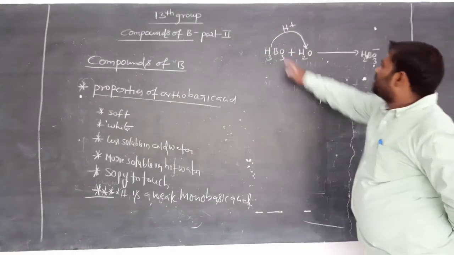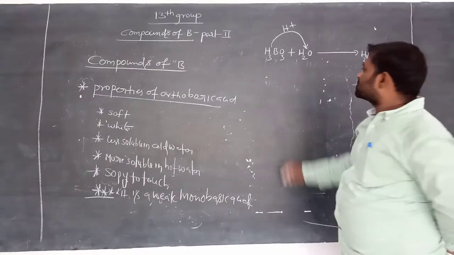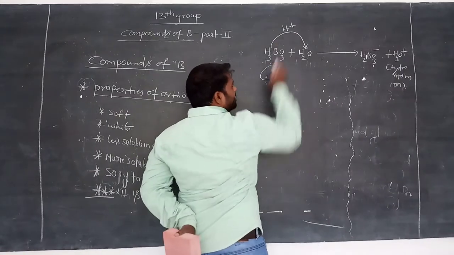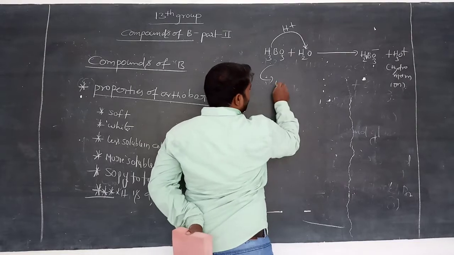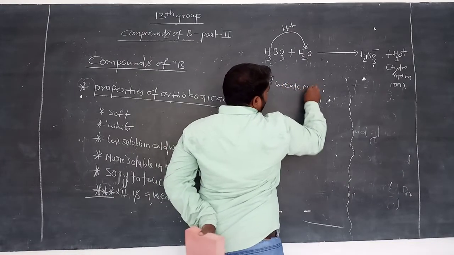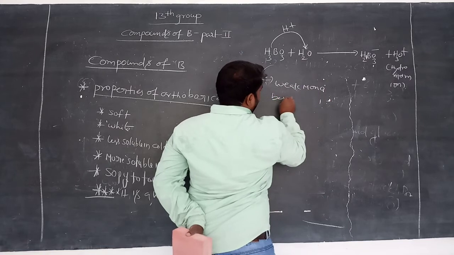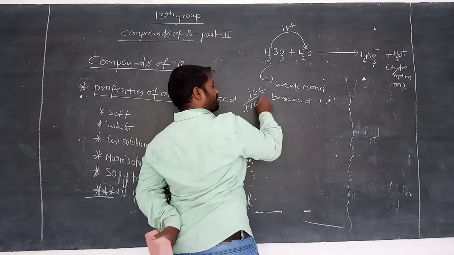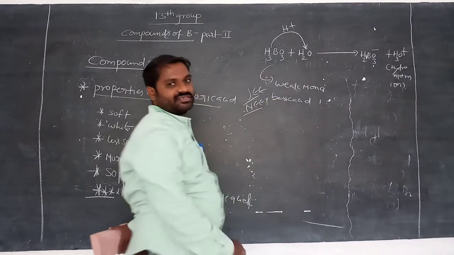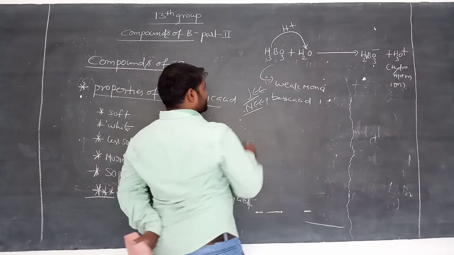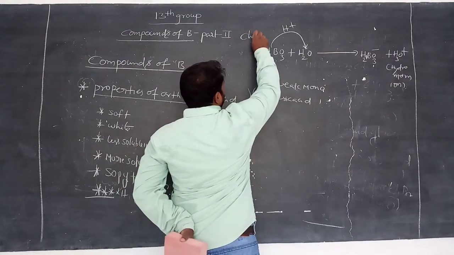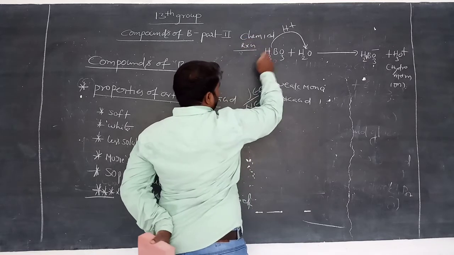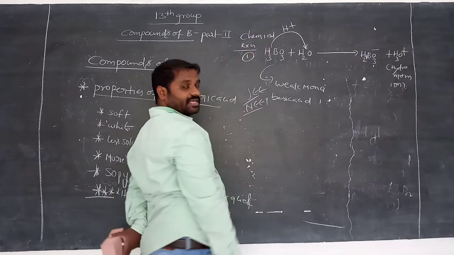So here it loses 1 H plus in water. It is an acid which gives 1 H plus, so it is called a weak monobasic acid. Very important. Direct bit in JEE and NEET. Keep that in your mind. Okay, and these are the chemical reactions. Okay, clear?